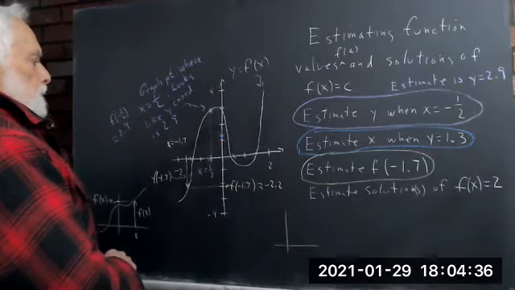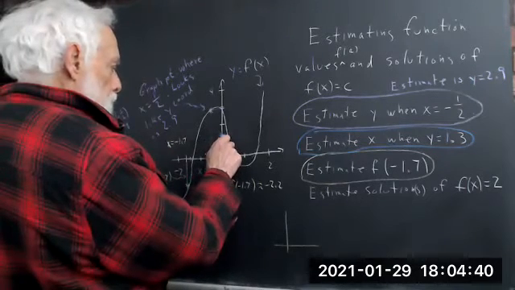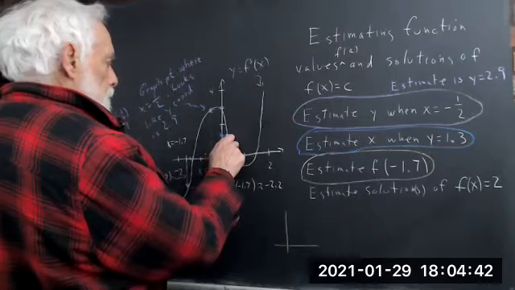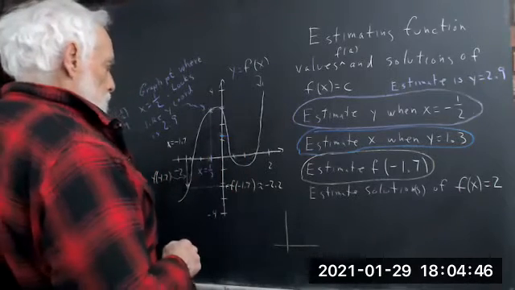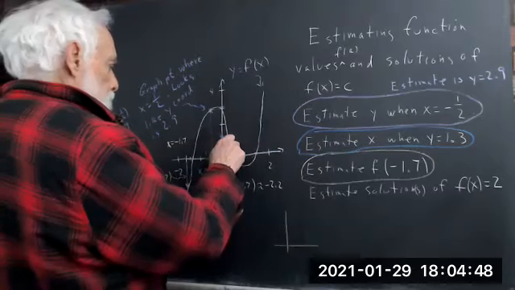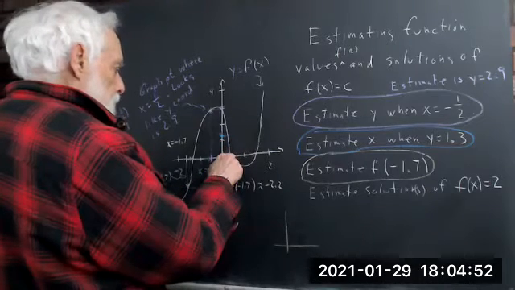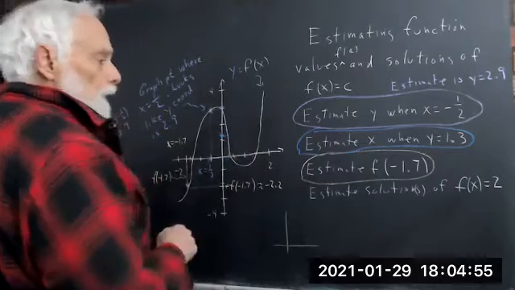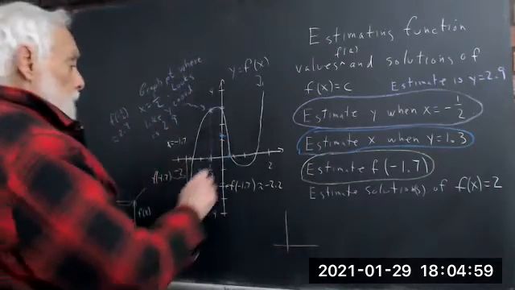Well, we could say, okay, just go to this nearest point here. There's a point on the graph where y equals 1.3. And if we go straight down here, we find the x-coordinate. This is a value of x when y equals 1.3, because there's more than one.